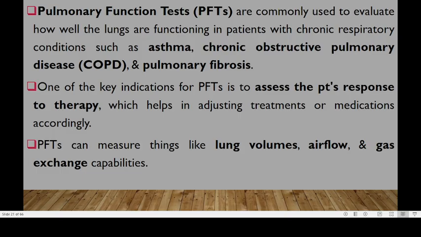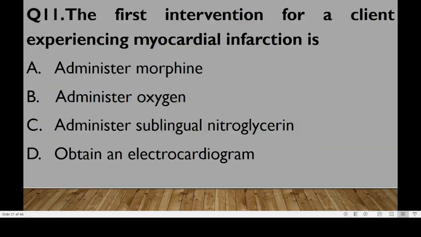One of the key indications is to assess the patient's response to therapy, which helps in adjusting treatments or medications accordingly. Pulmonary function tests can also measure lung volumes, airflow, and gas exchange capabilities.